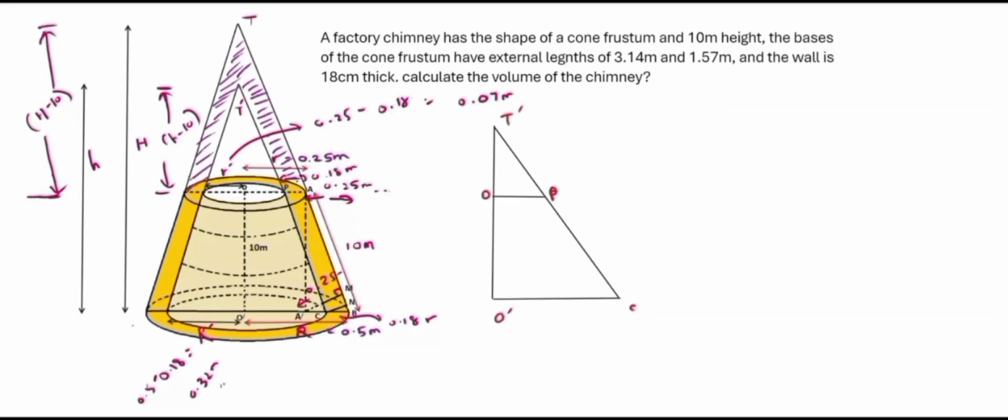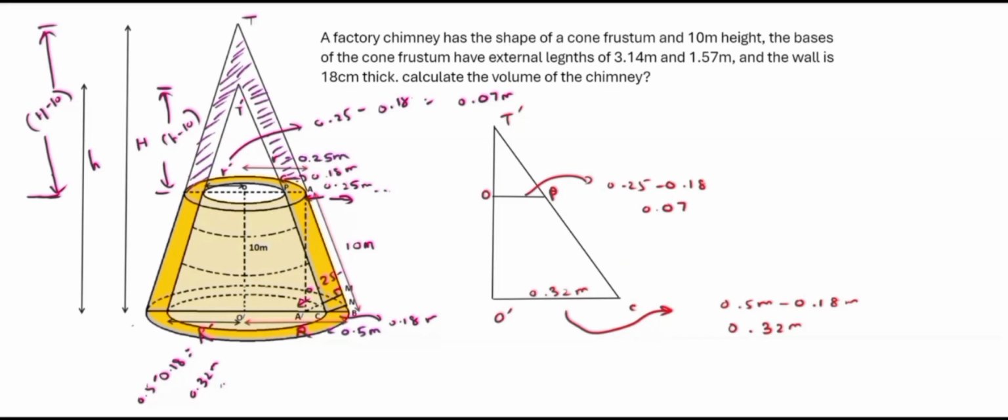Likewise, to find small h, we consider another two right-angle triangles which are T'O'C and T'O'B. Here, O'C is equal to O'B minus BC. It is 0.5 meters minus 0.18 meters. O'C is equal to 0.32 meters as well as OB is equal to OA minus BA.